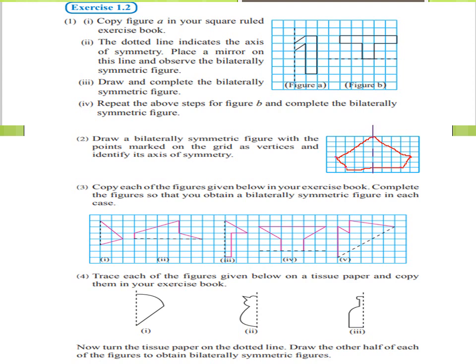Then you can make the figure B. And so let's go to the second one.